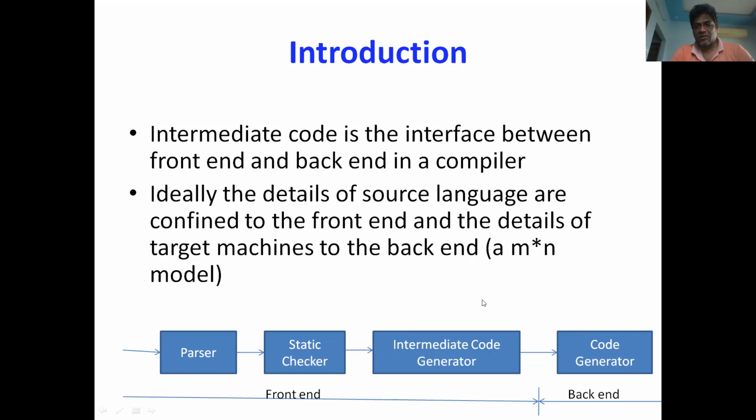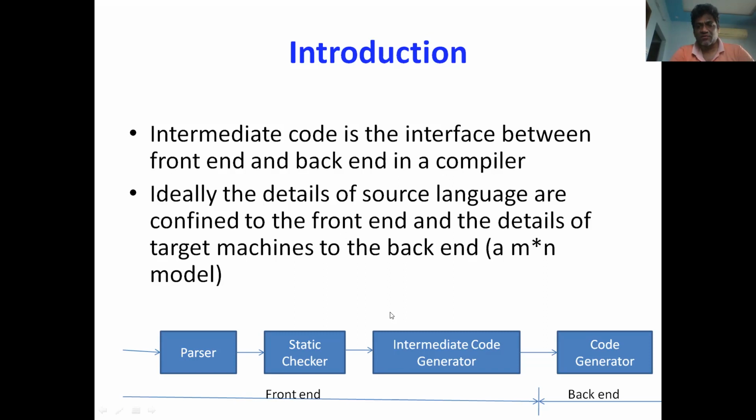That means before we actually generate the machine code, if we can apply an optimization technique on the corresponding intermediate code, then it will be useful for us. So that is the basic purpose of using this phase, intermediate code generation.